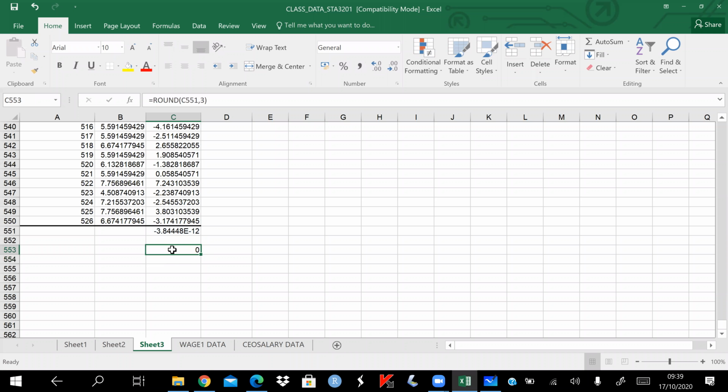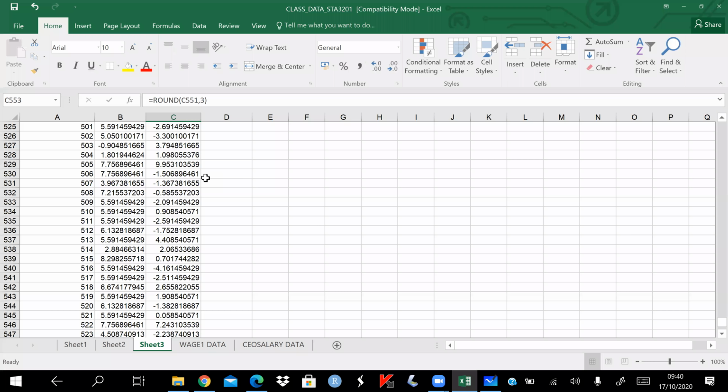If you round off to 3 decimal places, the number will be 0. So that's one property of that OLS line of best fit, to make sure that the residuals will sum to 0. And that explains why, instead of using the residuals to estimate the values of beta naught and beta 1, we use the squared residuals.